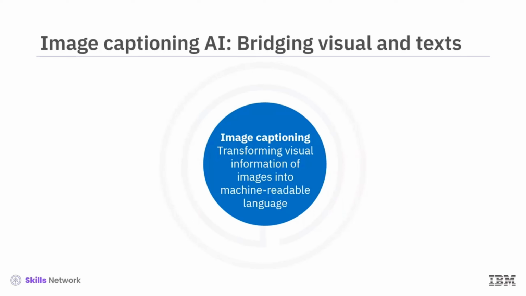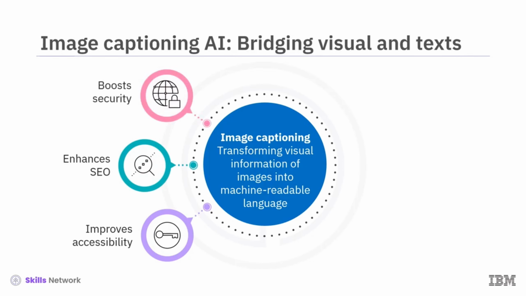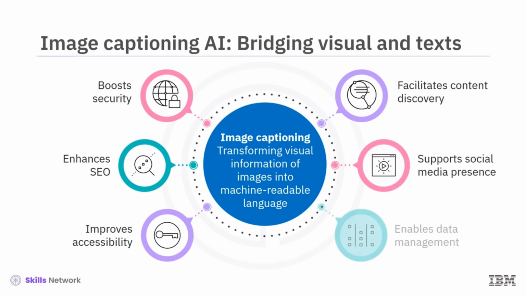This technology significantly impacts various aspects, from improving accessibility for visually impaired individuals to enhancing search results and boosting security. By transforming visual data into text, image captioning AI paves the way for deeper content discovery, engaging social media presence, and efficient data management across various fields.